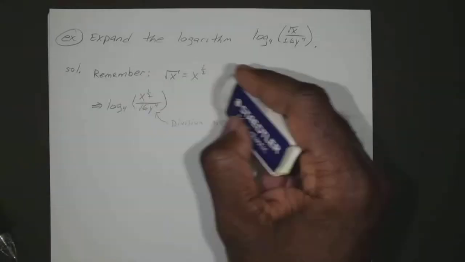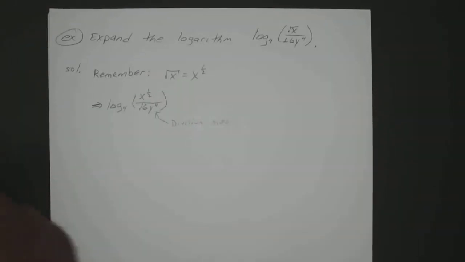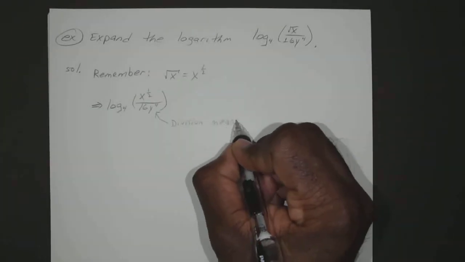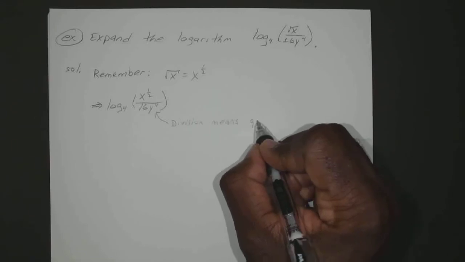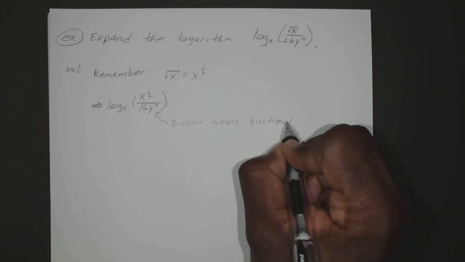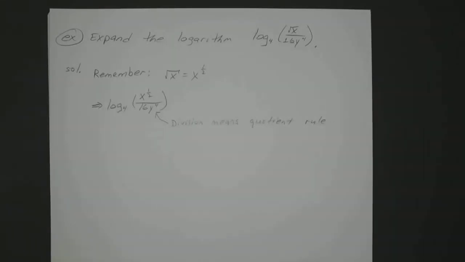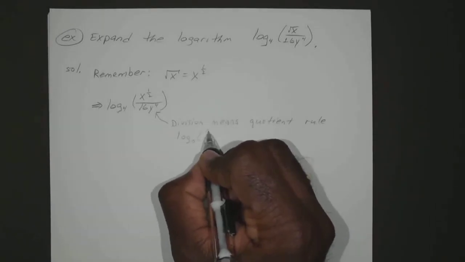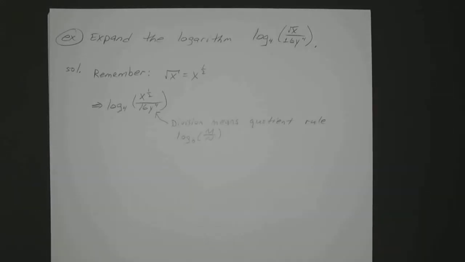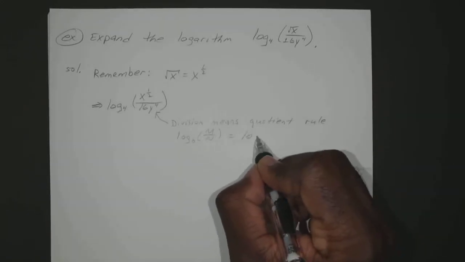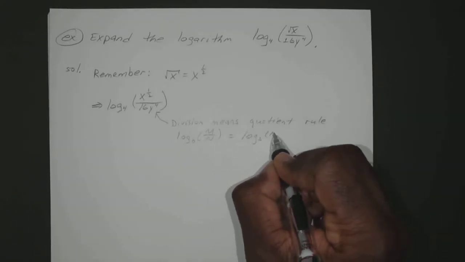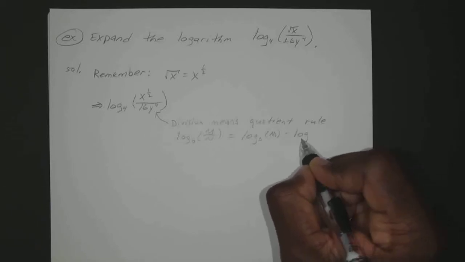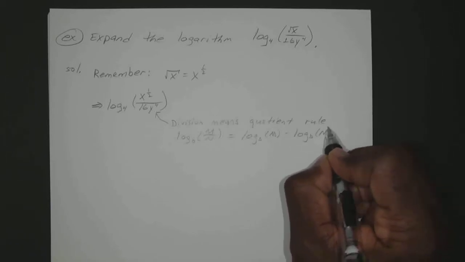Which is log base b of m divided by n is equal to log base b of m minus log base b of n.